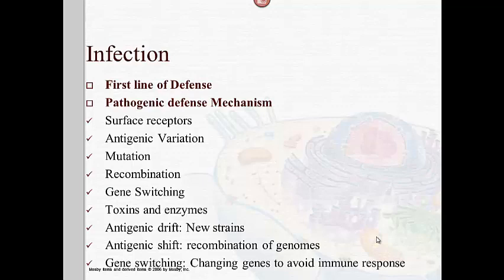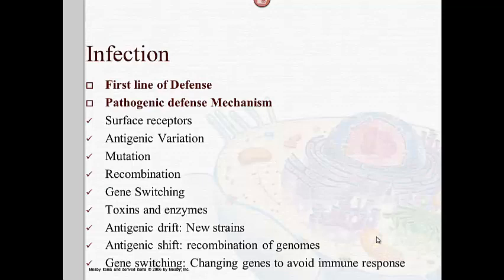They could also go through recombination, gene switching, and production of toxins such as, again, exotoxins and endotoxins. Exotoxins and endotoxins are basically proteins released during bacterial growth. They're usually enzymes that have highly specific effects.